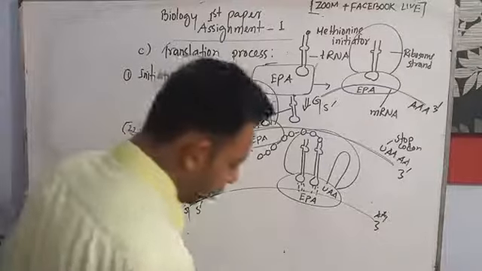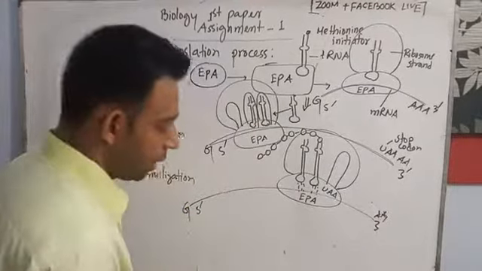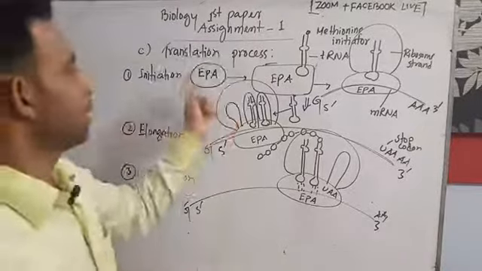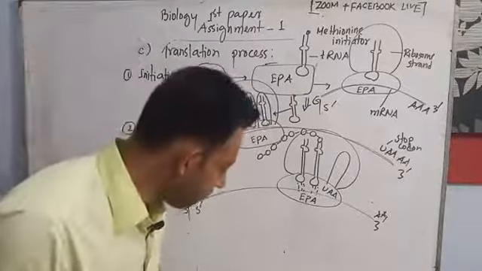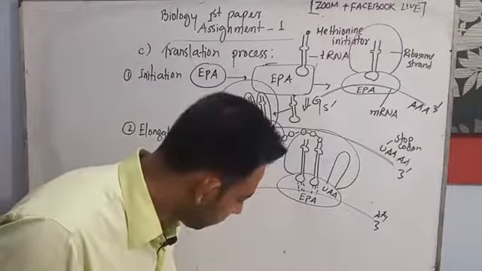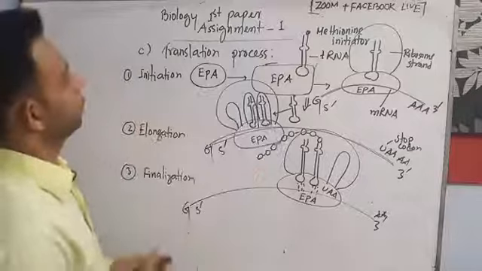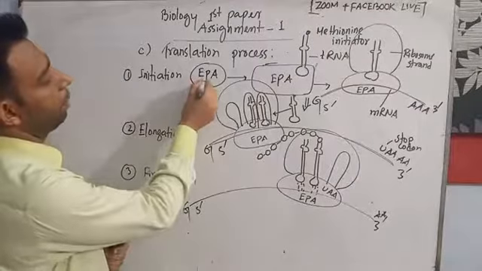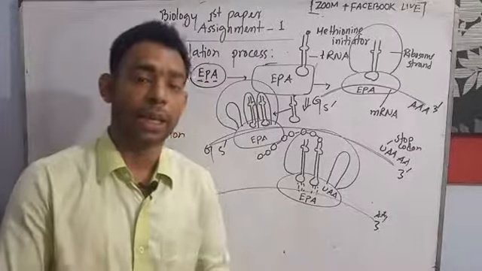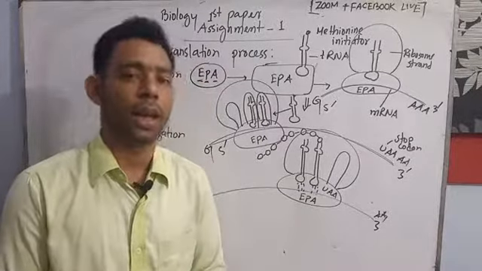So what will we see in the initiation, and what is actually the exit? E is the exit peptidyl attachment. It is EPA, exit peptidyl attachment.